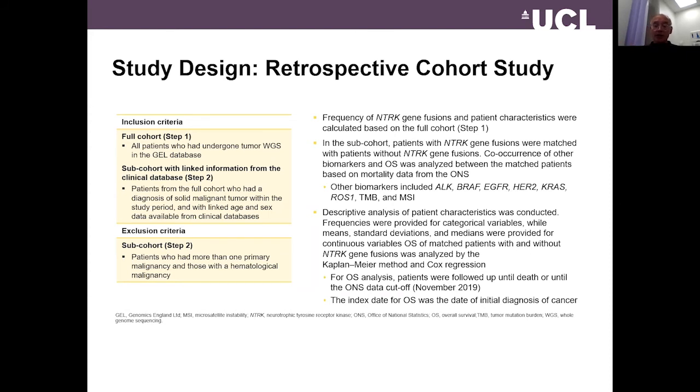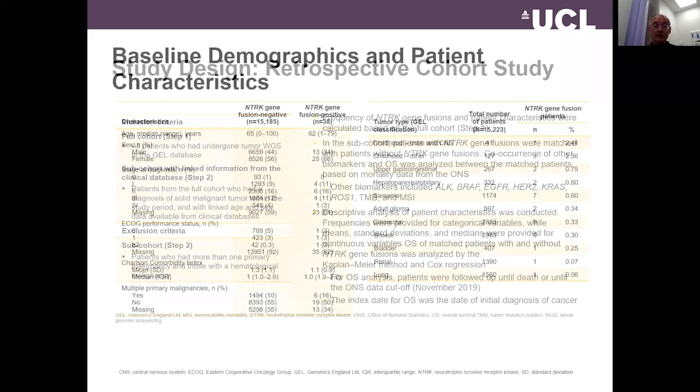We also looked at other biomarkers, a number of other actionable alterations, which are currently treatable in terms of cancers. Overall survival was in fact the primary analysis. The index date was the date of the initial diagnosis of cancer. So that's it so far.